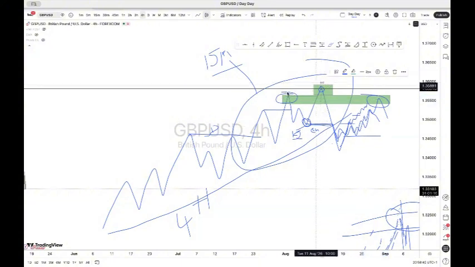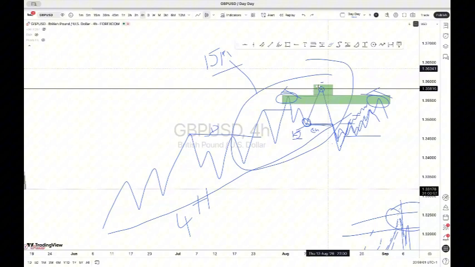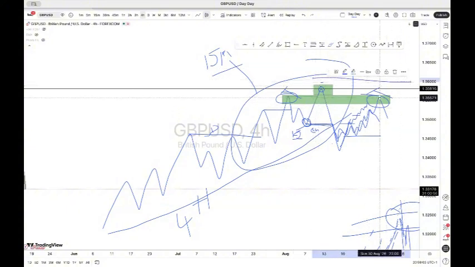So we have the head and we have the two shoulders. So this is one level you can use. If you can't identify an order block or any of those things, you want to use this level as your holding area and put the stop loss above the head.